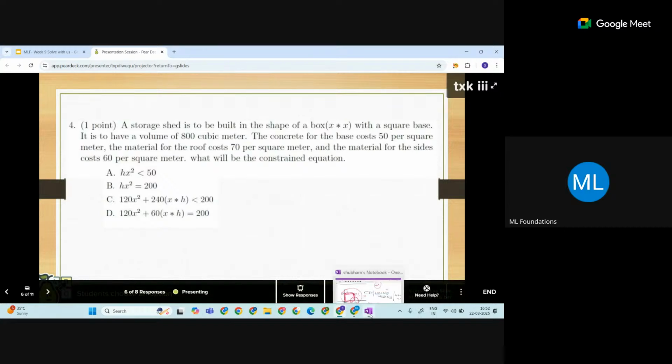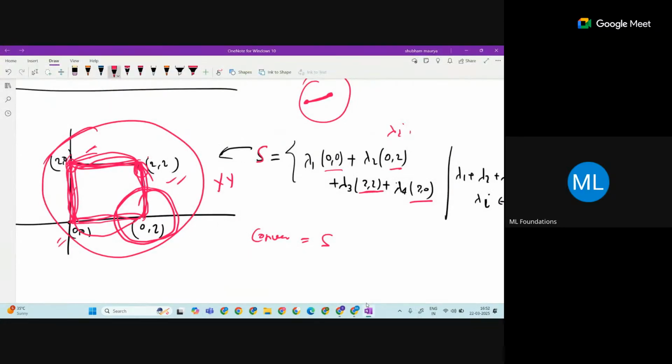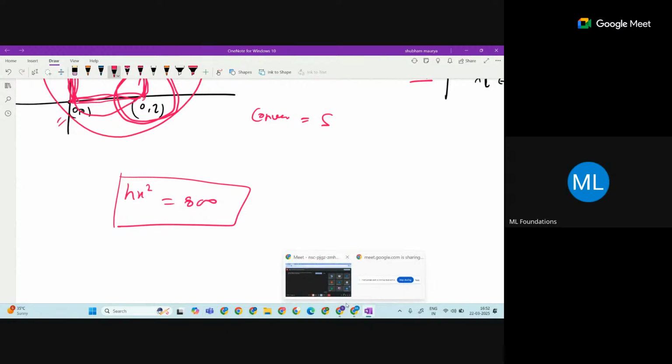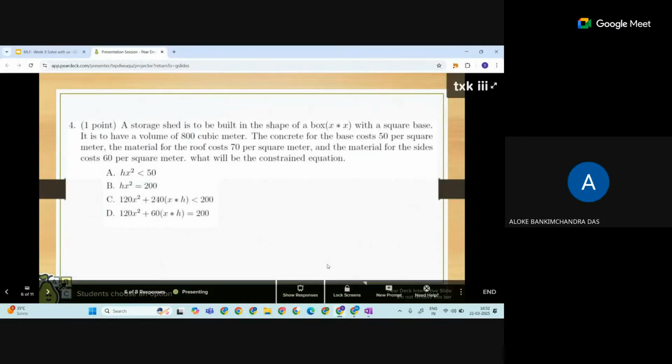So here 800 is the given volume, height is h and the base is x square. So the volume is going to be this one, right? Yes. So one option is given there, the surface area.